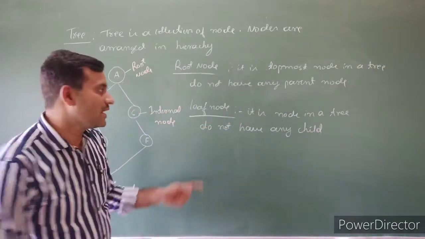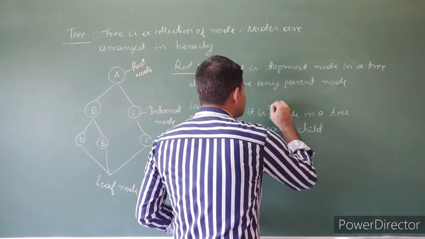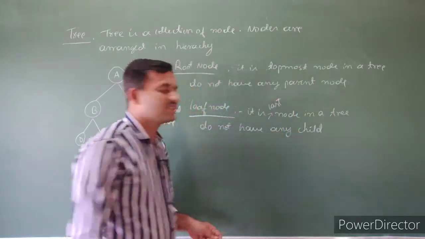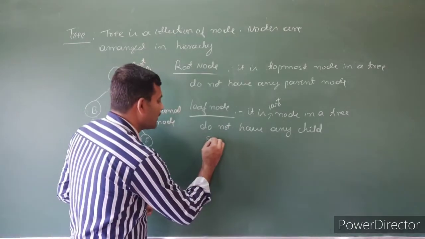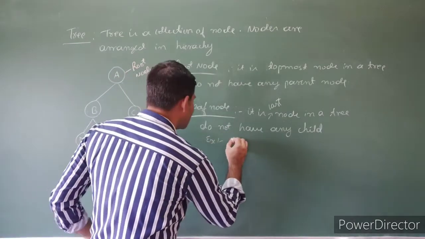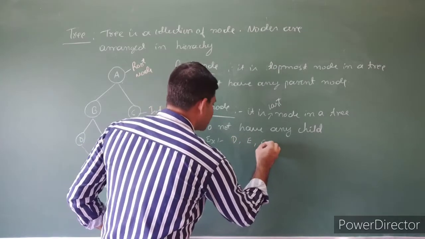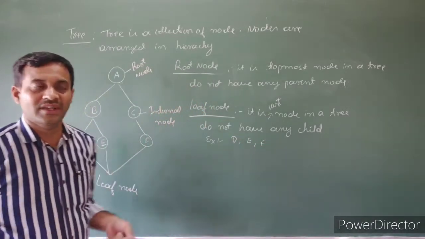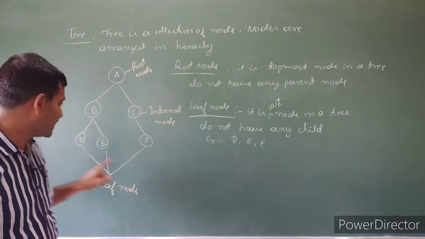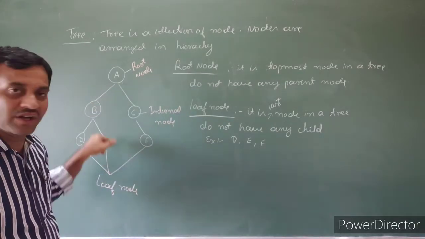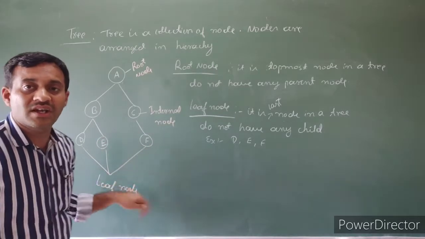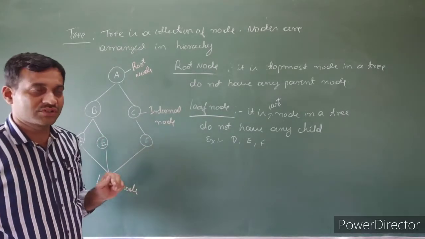It is the last node in a tree. The example for leaf nodes is D, E, F. See here, D, E, F are the last nodes in the tree. They do not have further children and do not have further nodes.